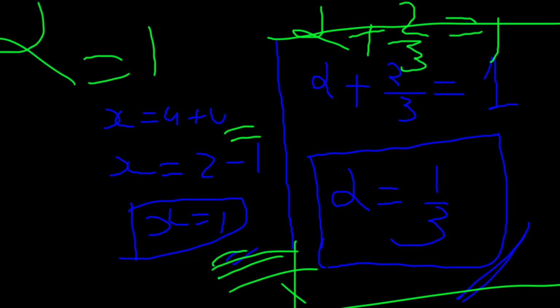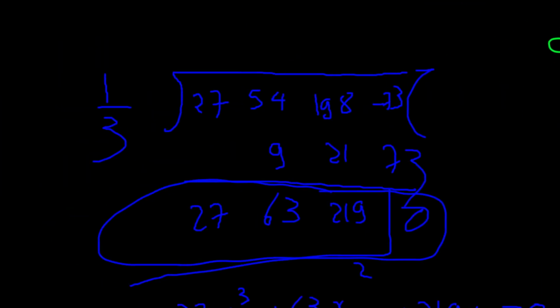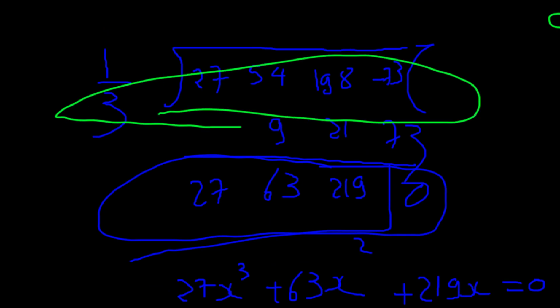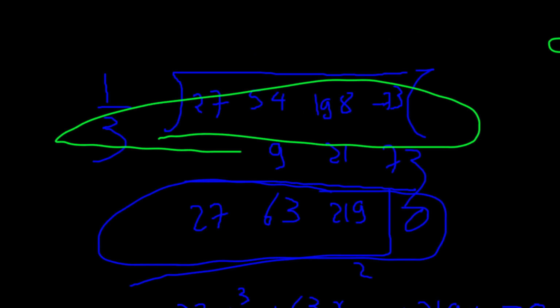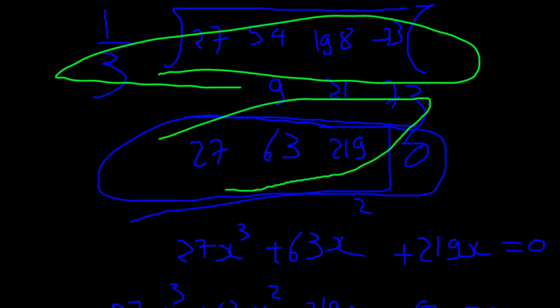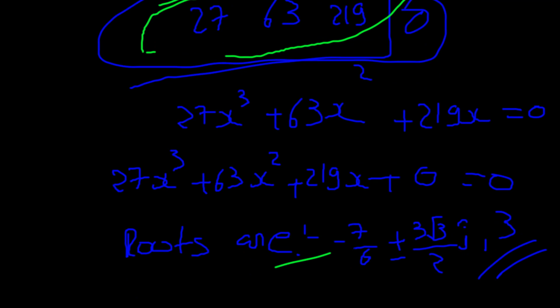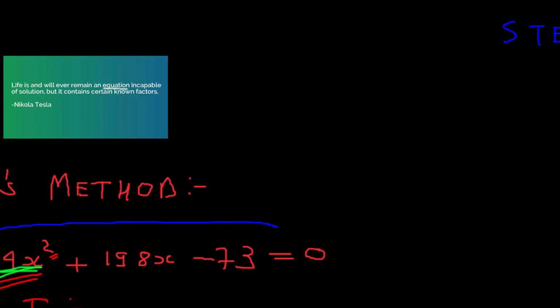So alpha will be 1 by 3, and we are going to divide this with the main equation. It is just division, not synthetic division. Just use the scientific calculator and we're going to get the answer.